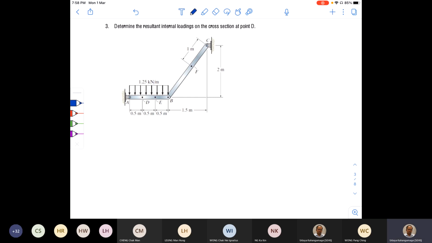So let's draw the FBD for AB. I just draw AB here. This is my A and then B.